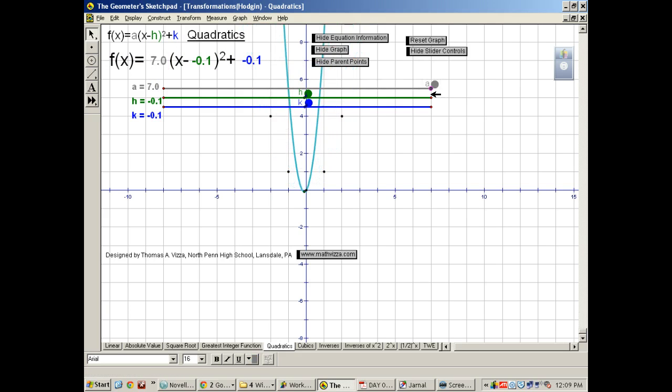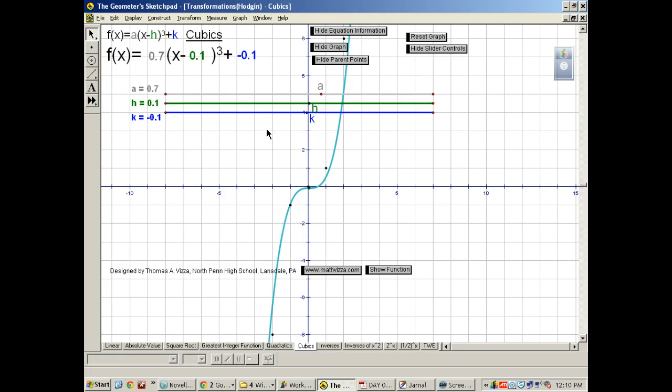Once again, made it skinnier, wider, and then if you went negative, it opened down. Same exact thing. And then just recently, we went over to cubics. We kind of saw the same process. We didn't really go into a vertex form for cubics, but it operates the same way. Okay? So it becomes skinnier, wider, and then it can flip. When you go into negatives, it flips, just like everything else.